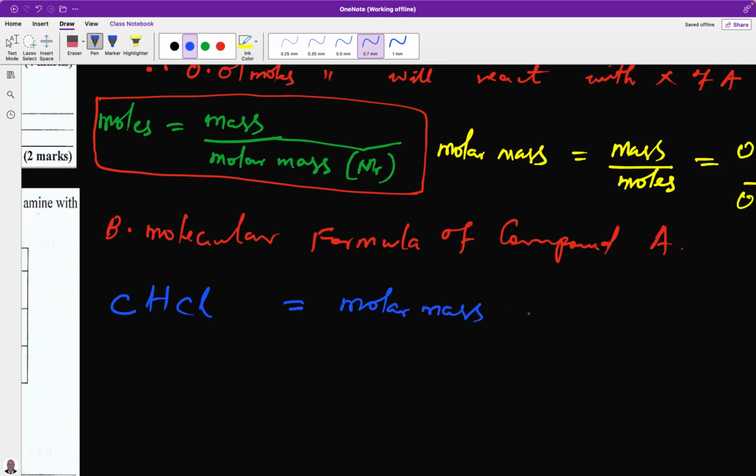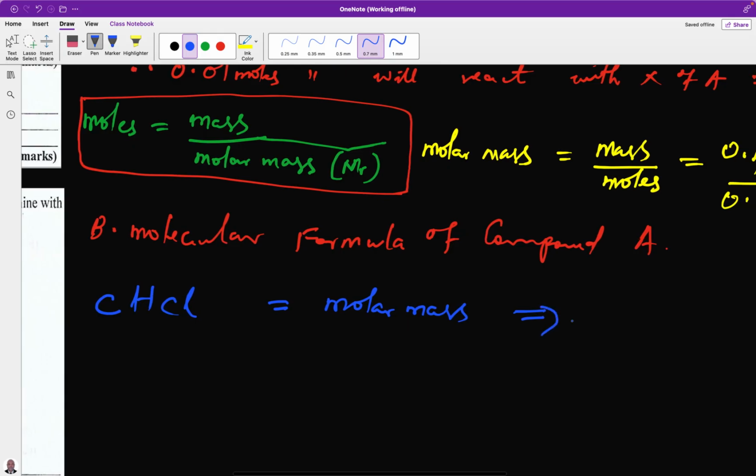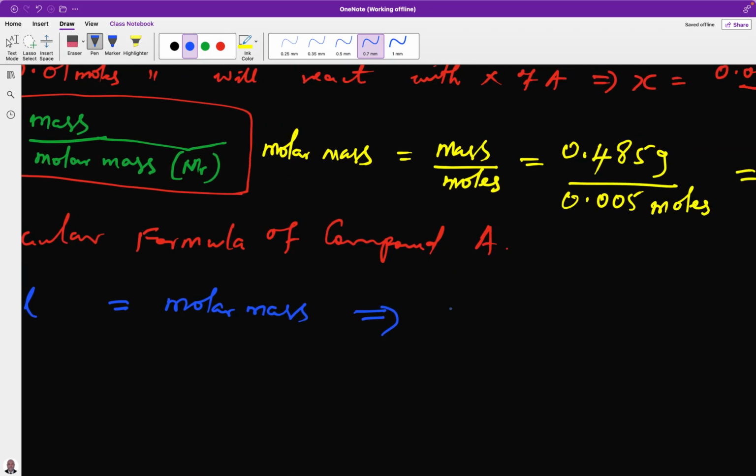And this CHCl is equal to what? 97, which is the molar mass.